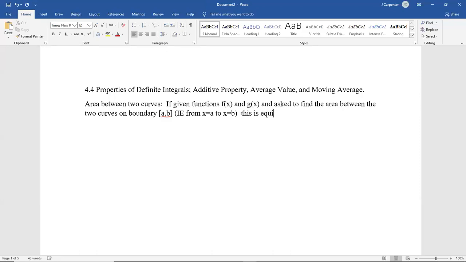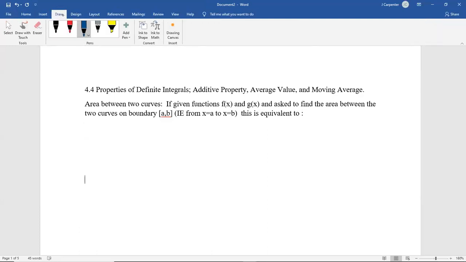this is equivalent to the following. The integral from a to b of f of x minus g of x dx.